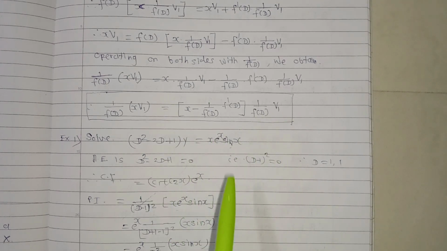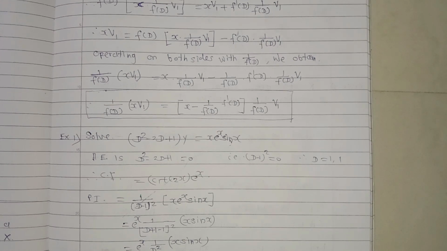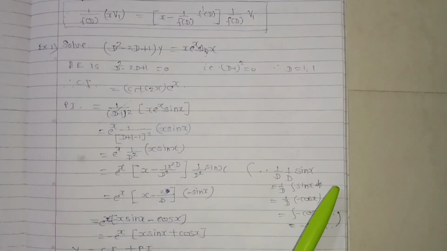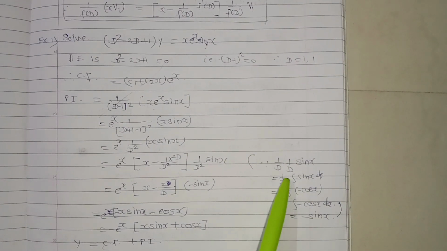That is phi 1, meaning x into phi, that is sin x. But 1 upon D squared sin x equals 1 upon D of sin x, equal to 1 upon D operated on minus cos x. 1 upon D means integration, and the integration of minus cos x is minus sin x. So we get here minus sin x.